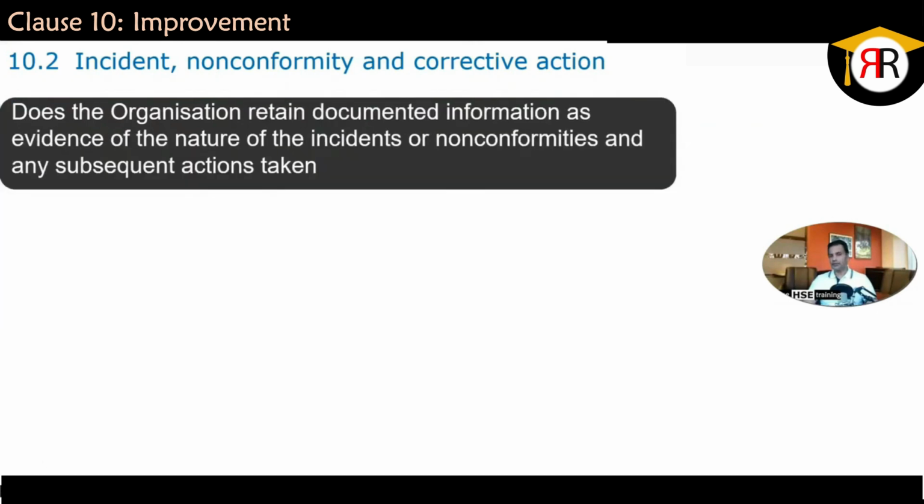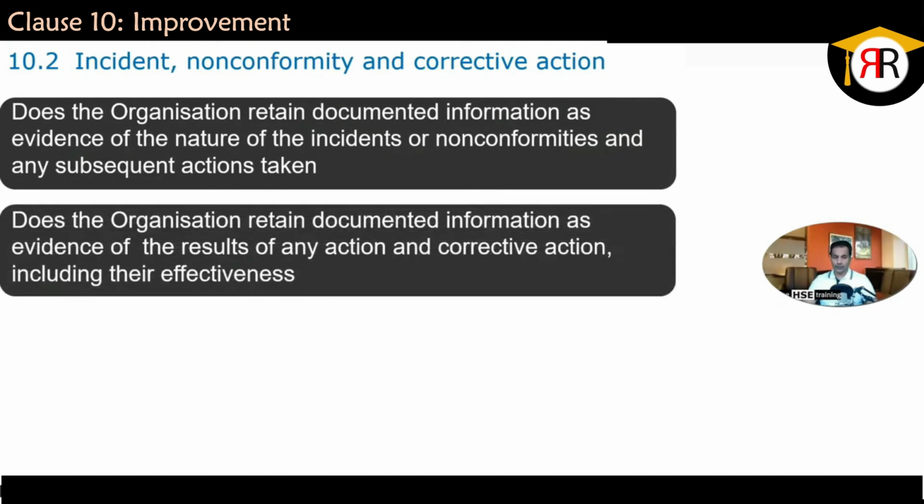Does the organisation retain documented information as evidence of the nature of the incidents or non-conformities and also any subsequent actions taken? Does the organisation retain documented information as evidence of the results of any action and corrective action, including their effectiveness?